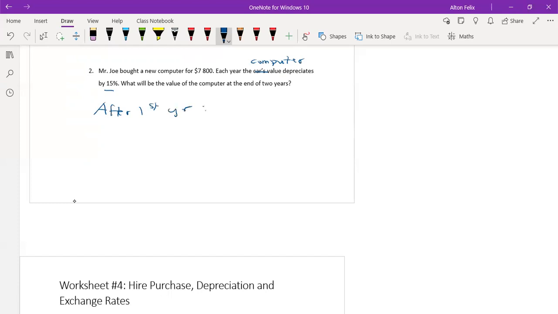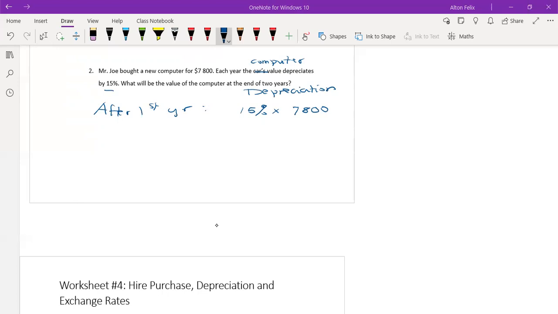let's work out the depreciation here. To get the depreciation, we're going to take 15% of 7,800. So we're going to put 15 over 100, and we're going to multiply that by 7,800.